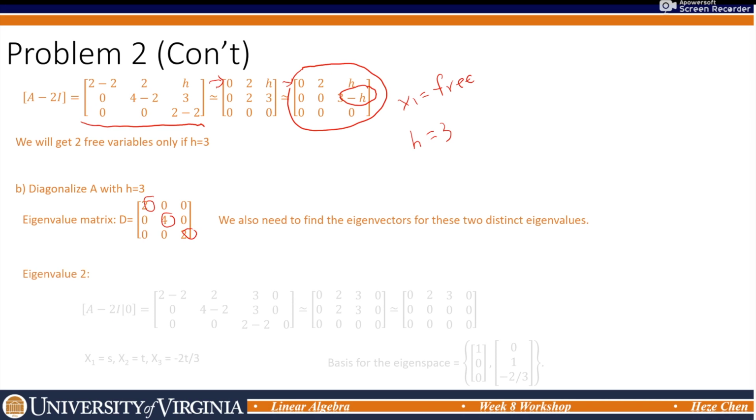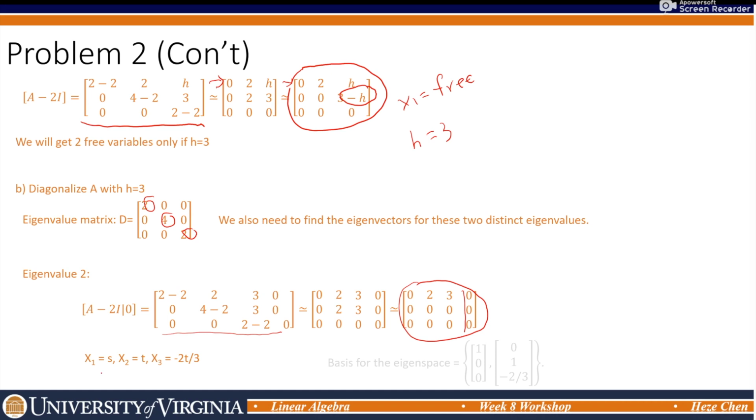So for eigenvalue equal to 2, we will do A minus 2I, and the augmented part will be the 0 vector. It's going to be this matrix, and then we do the Gaussian elimination, and eventually we will have this. According to this augmented matrix, x1 and x2 can be free, and x3 depends on x2.